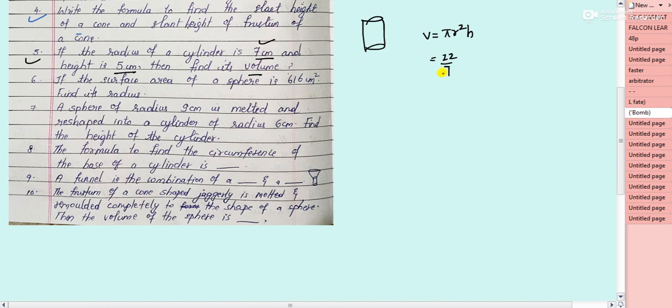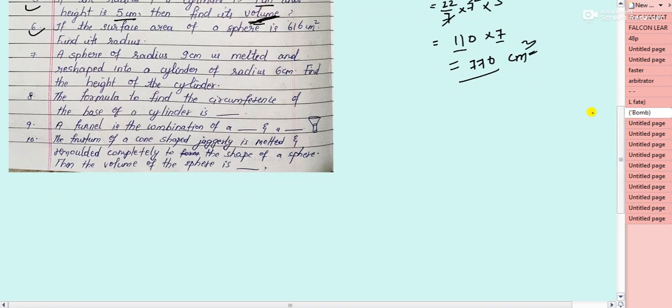So 22 by 7 into 7 square into height 5. One of the 7s will get cancelled, so now 5 twos are 10, 5 twos are 10, 1 and 1 is 11, into 7, 11 sevens are 77 and 0, so this is 770 centimeter cube. Remember, volume is always written in cube. Got it?